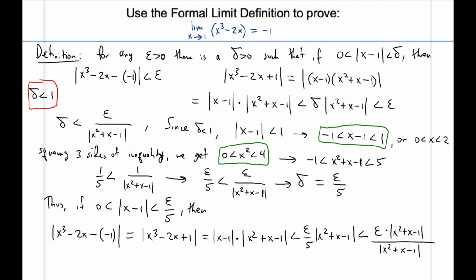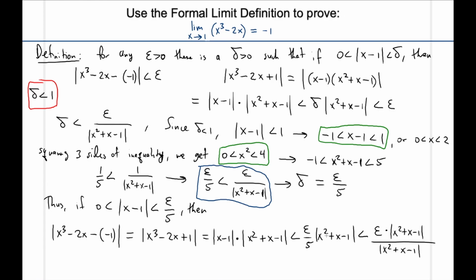Now what is that? How did I get that? How did I get multiplication and division by these two? Well, again, notice that what I'm doing here is using this inequality right here. Because we derived that epsilon over 5 is less than epsilon over the absolute value of the quadratic polynomial.